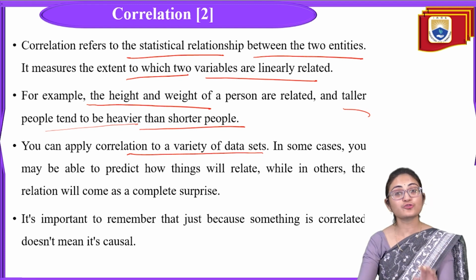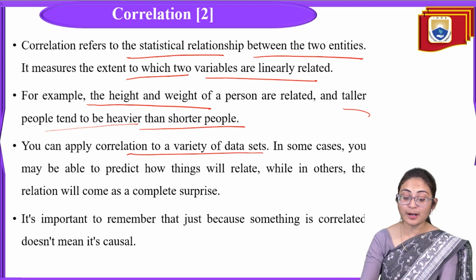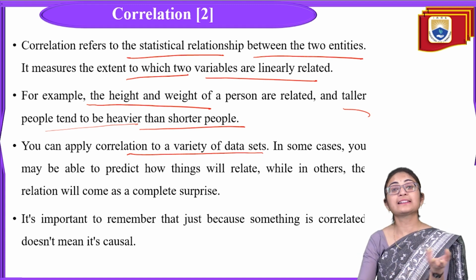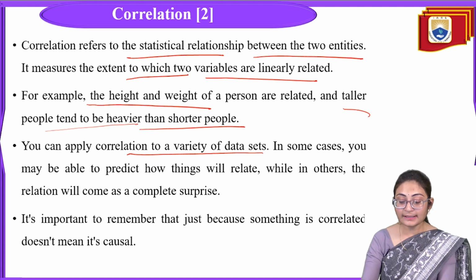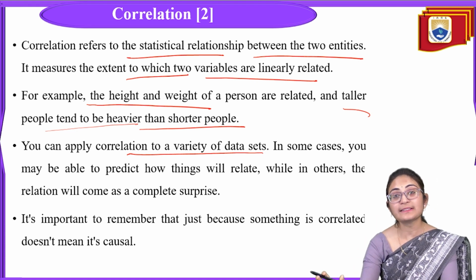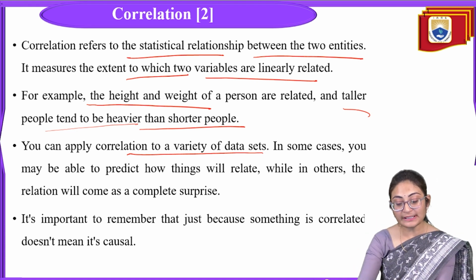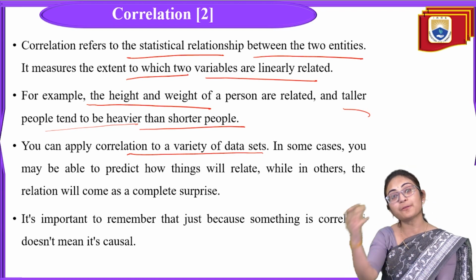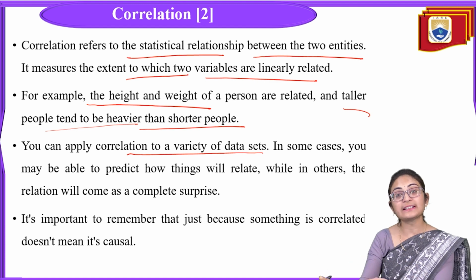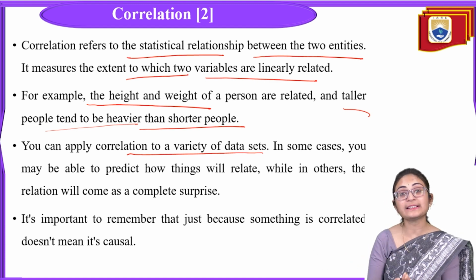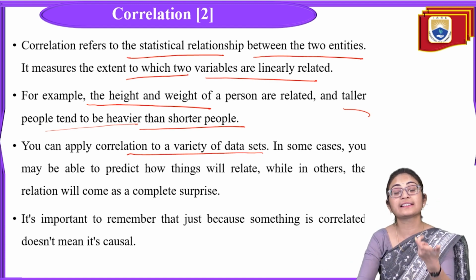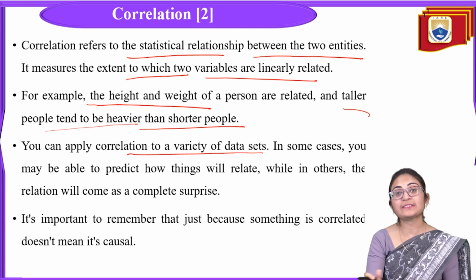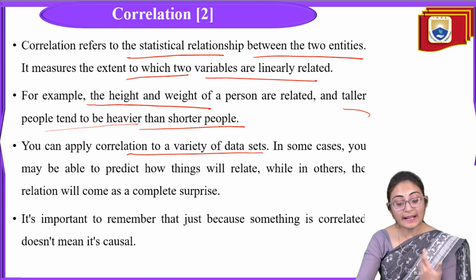That means when we are comparing height and weight, both things are related with each other, and these variables are very useful here, as they affect different data sets, and we can predict how these things will relate to each other. And on this basis we can get some surprise results.